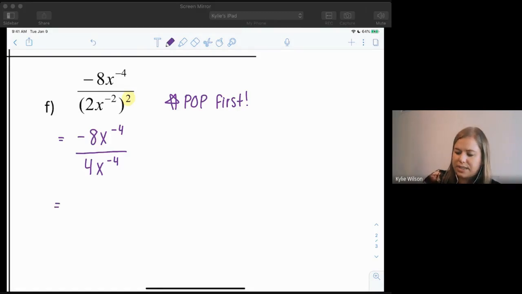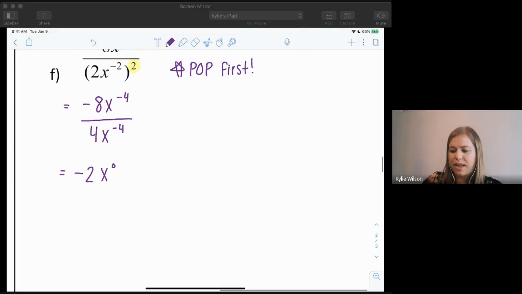Now we'll continue simplifying. So we start with our coefficients. So negative 8 divided by 4 is going to give me negative 2. And now we look at our x's. So I have negative 4, subtract negative 4. That is 0. So that would give me just negative 2.